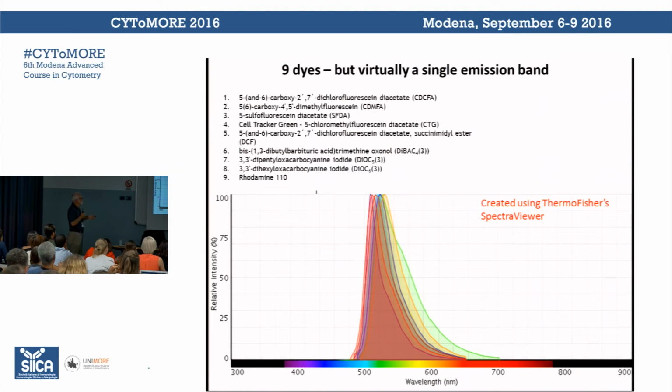Now, I went into Spectral Viewer and I plotted many of these dyes. Some of them are not there, so there's only like 7 or 6 of them here. But look, it really doesn't matter where you put your window. They are all going to be green dyes. You put these under a microscope on a cell, they look as green as green. So you're not going to use these with any antibody conjugated to anything that falls between 500 nanometers and, say, 600 nanometers. Because if you do, you're going to have a real difficult time in separating them.